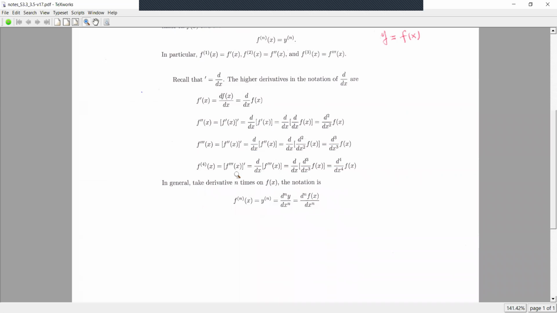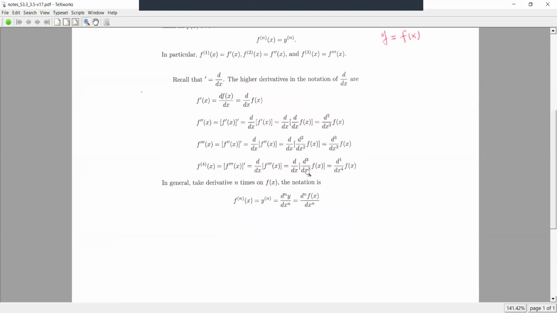Take derivative on the third derivative. Replace this prime by d over dx. And replace f triple prime by this. Then we have this equation. D times d to the third is d to the fourth.